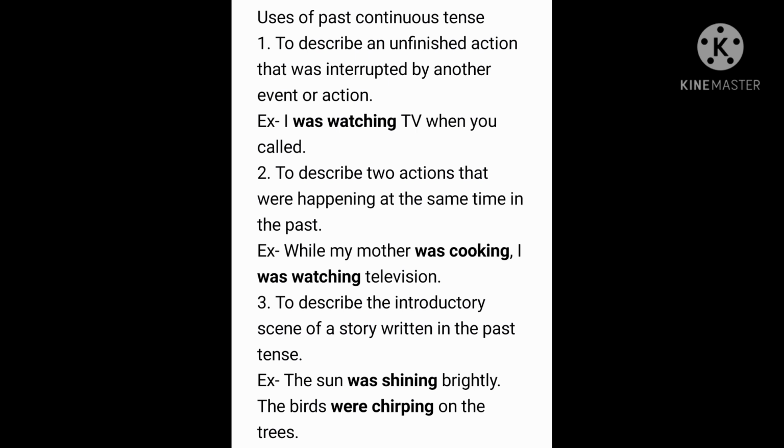For example, while my mother was cooking, I was watching television. Or while Maya was reading, Rajat was watering the plants. Here, two actions were happening at the same time in the past. Okay. Number 3, to describe the introductory scene of a story written in the past tense. The sun was shining brightly. The birds were chirping on the trees.